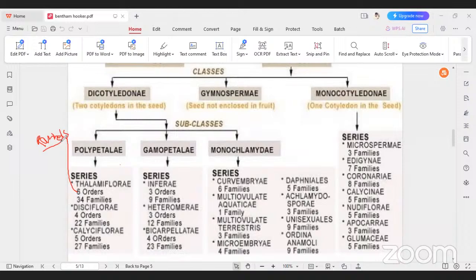For example, what is grouped in the order Ranales? In Ranales, the flower's stamens are free, carpels numerous, infinite, and arranged spirally. This type of character is grouped in the order Ranales, and this order is divided into 8 families.